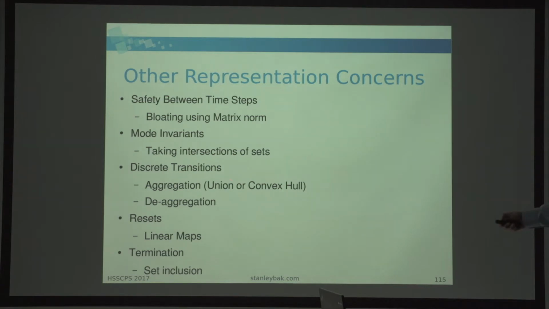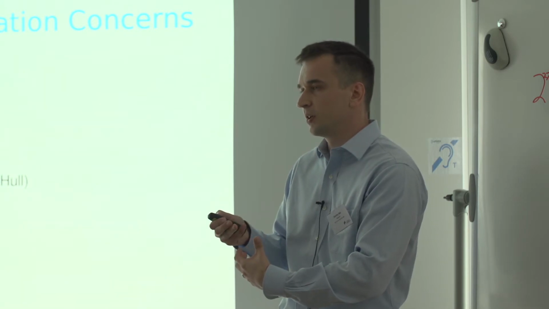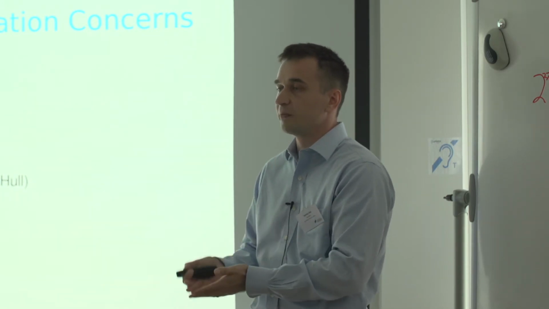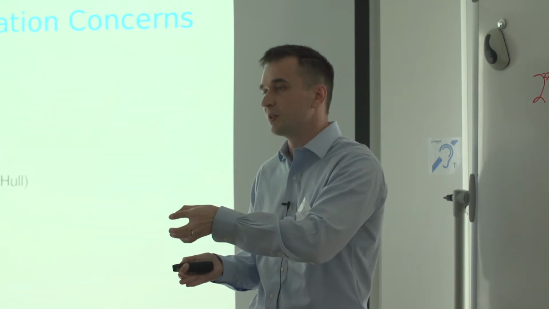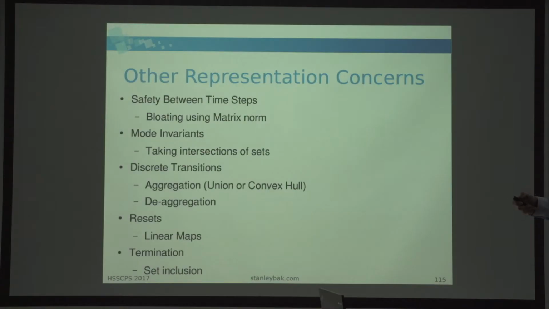Then discrete transitions. I mentioned you can do aggregation. You want to do a union operation on all the set of states that had intersected the guard. But exact union is hard for these representations. For example, a linear star is necessarily convex, and the intersection over time is not convex, so there's going to be error introduced. There are approaches to handle that, looking at resets, and finally looking at termination.